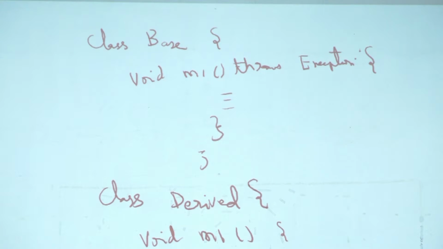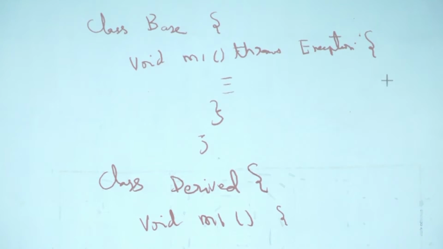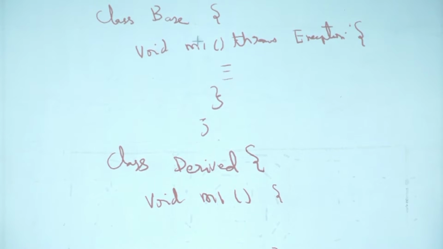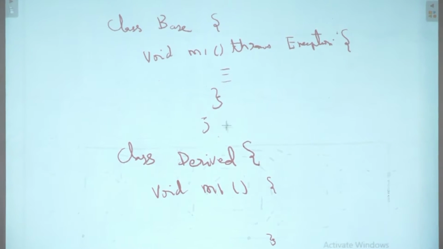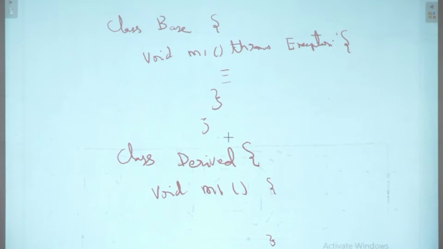The base class method is throwing an exception. Derived class method is not throwing an exception. This is okay. Java allows this because it says, looking from the base class, if I am using this reference, I have made provisions for exception handling. If the derived class doesn't give an exception, I have not done harm. I have not done damage because I am using this reference.